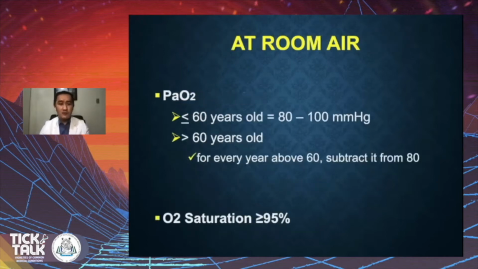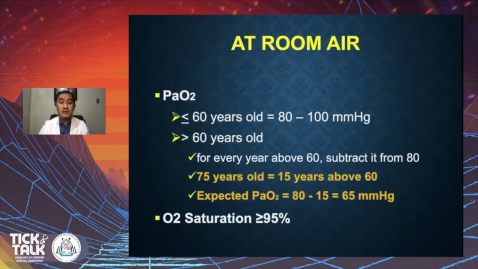Now, what is the normal arterial O2? If our patient is below or equal to 60 years old, the normal value is 80 to 100 millimeter mercury. And if our patient is more than 60 years old, for every year above 60, you have to subtract it from 80.